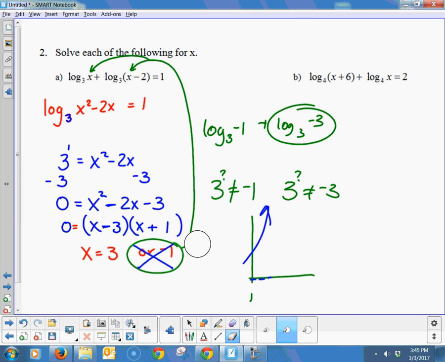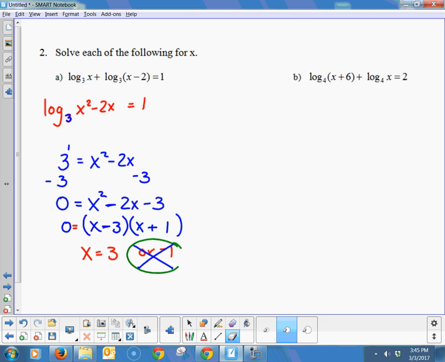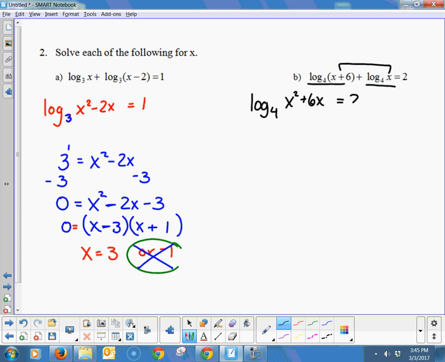Let's take a look at the next problem. Number B, again we have a log plus another log, so I'm going to multiply the guts and make this log base 4 of x squared plus 6x equals 2.